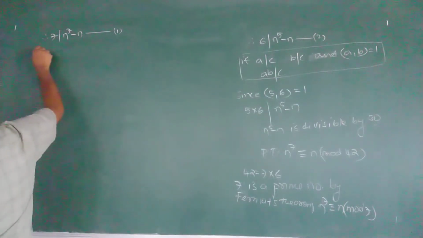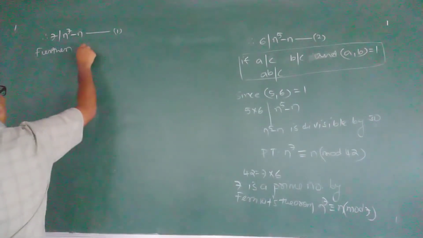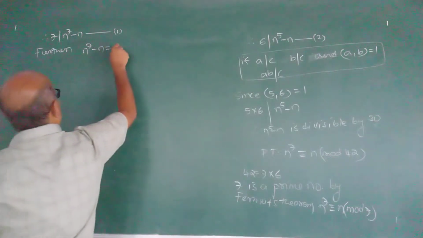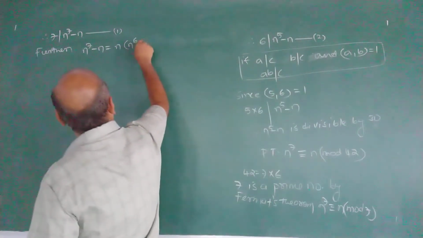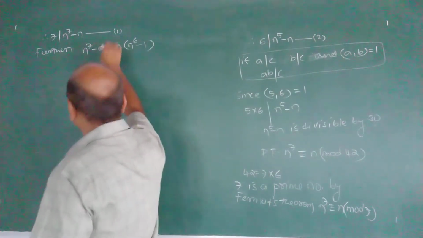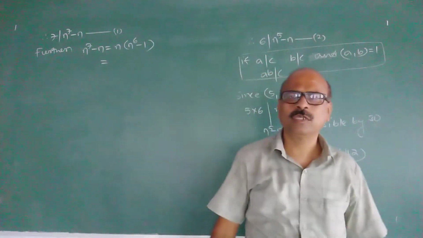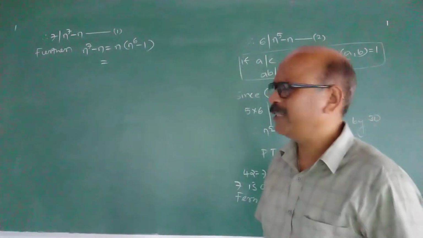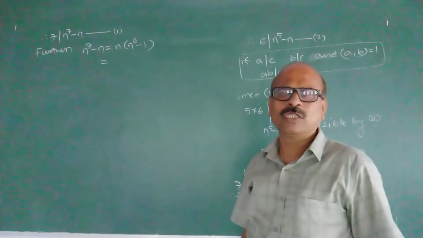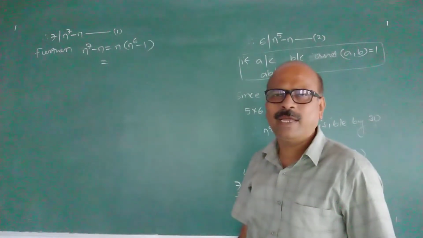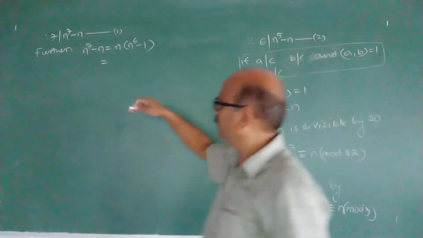Further, n raised to 7 minus n is n into n raised to 6 minus 1. We factorize like this and we use the next result. What is that? Product of r consecutive integers is divisible by factorial r. We use that result.